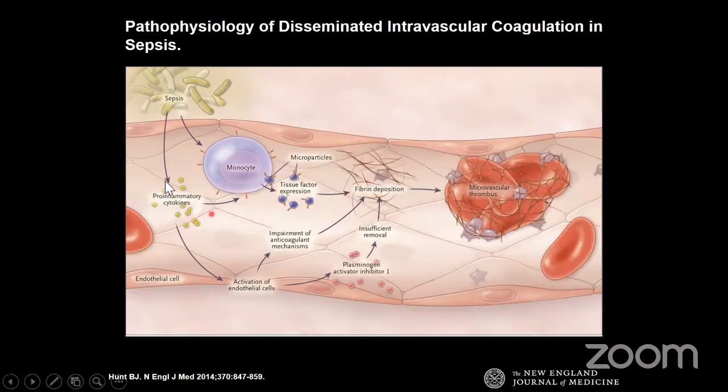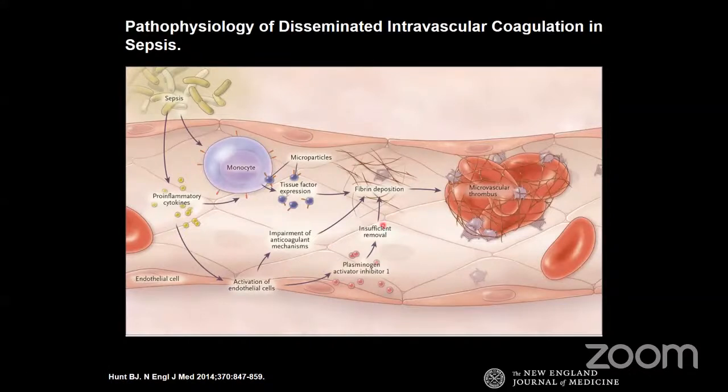However, these pro-inflammatory cytokines that we have already mentioned also activate the endothelium. And once they activate the endothelium, they produce plasminogen activator inhibitor 1. And this causes insufficient removal of the fibrin deposits. And then we also have impairment of anticoagulant mechanisms, especially a reduction of activated protein C and thrombomodulin.